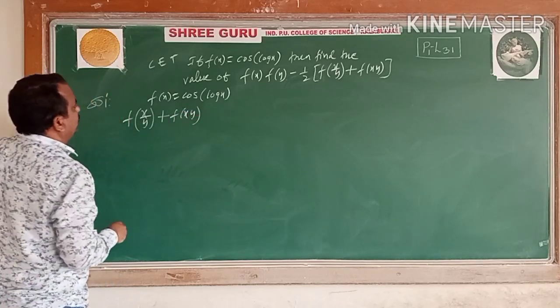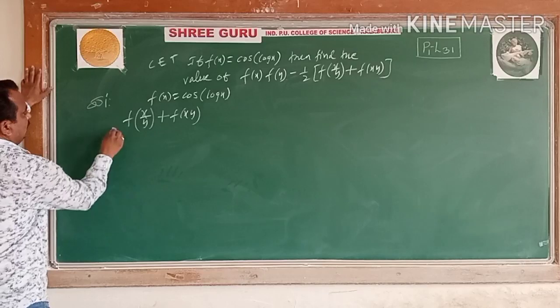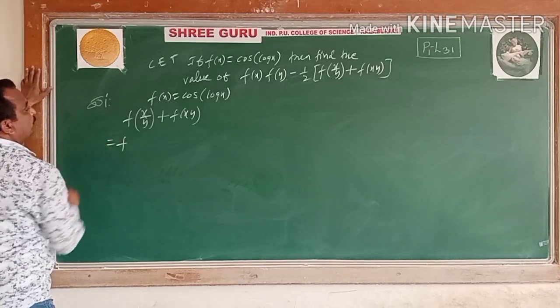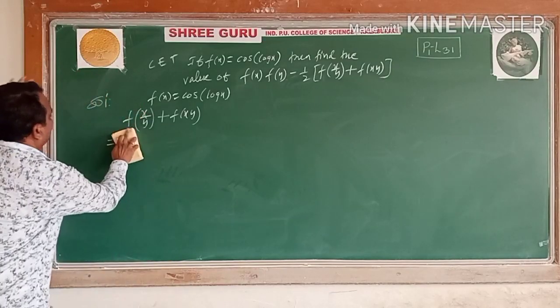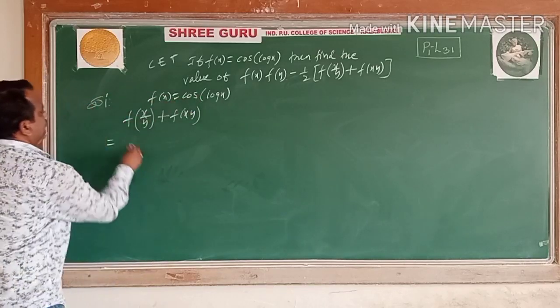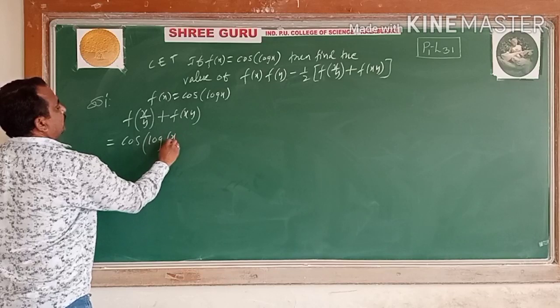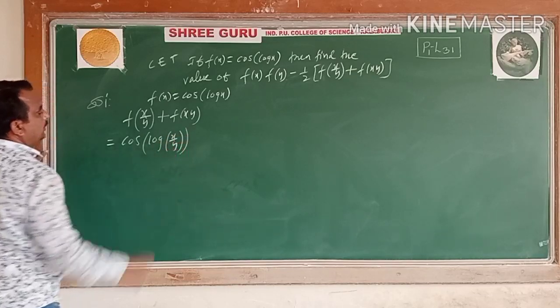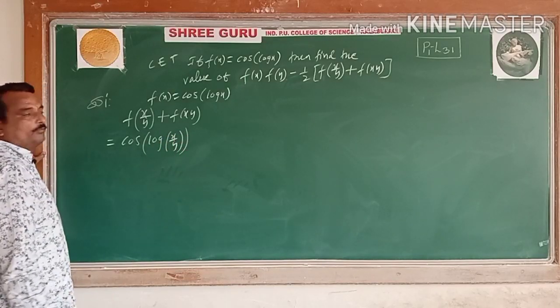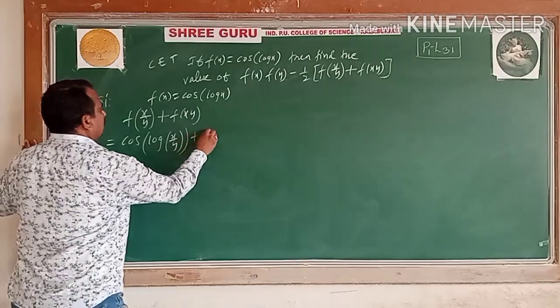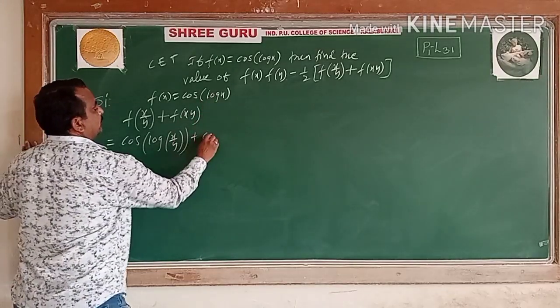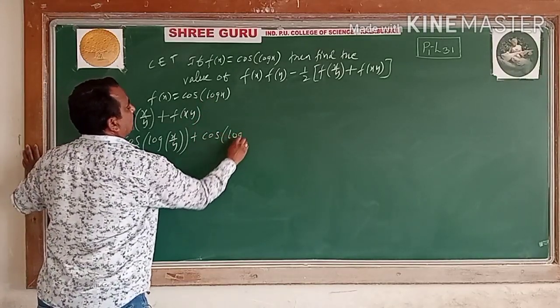Let us see, f of x by y, what it becomes? Substituted, cos of log of x by y. Is it clear, all of you? Cos of log of x by y plus cos of log of xy.